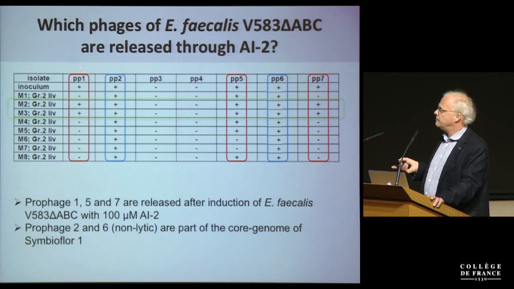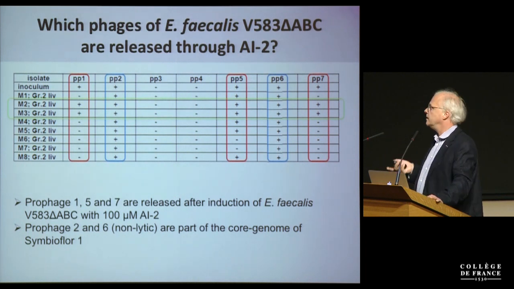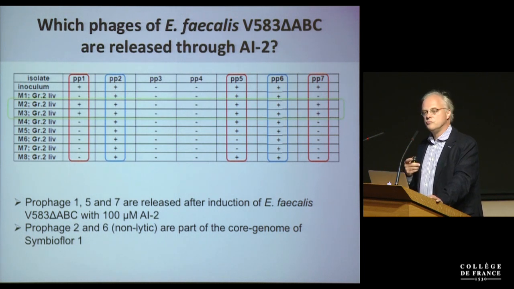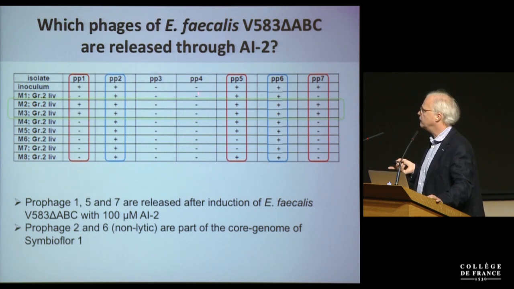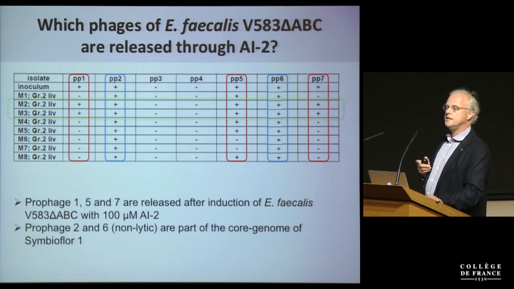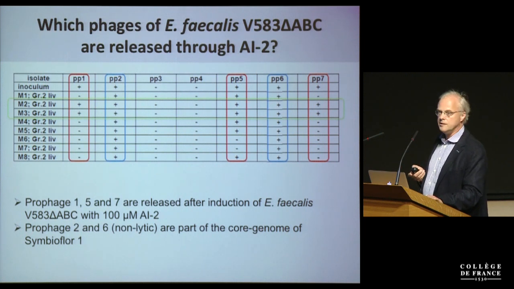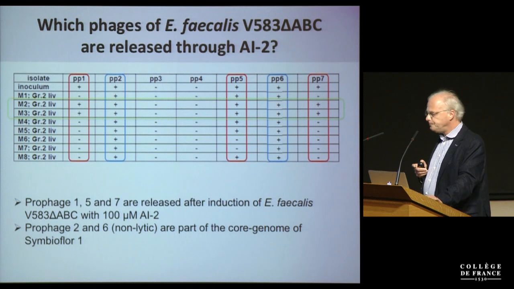And by PCR, we saw that prophages 1, 2, 5, 6, and 7 were present. 3 and 4 we didn't see, which really fits nicely with previous publications which show that they are probably not mobilizable. 2 and 6 are constitutively present in the probiotic strain, although they can't be released. And so the ones that remain are 1, 5, and 7.